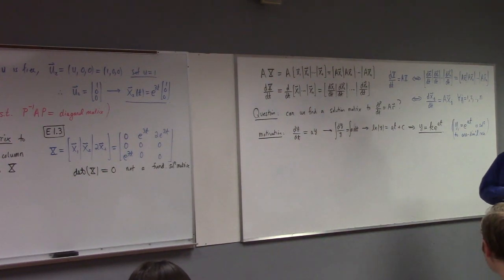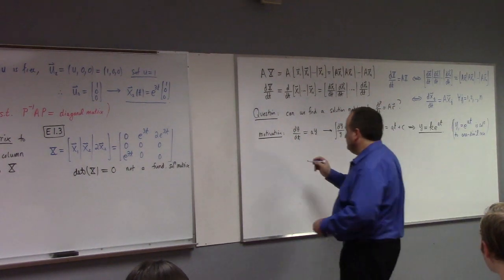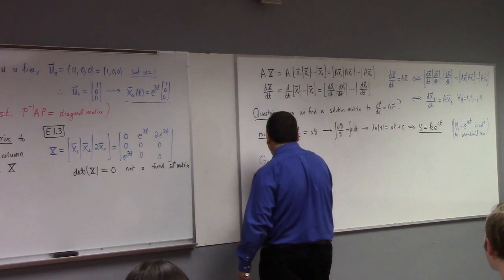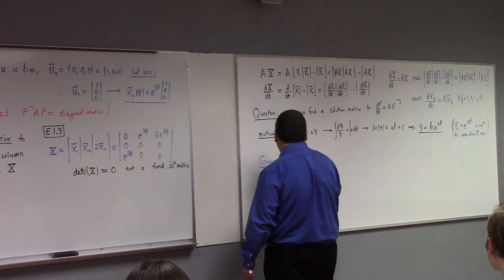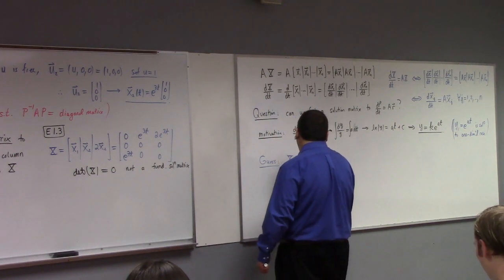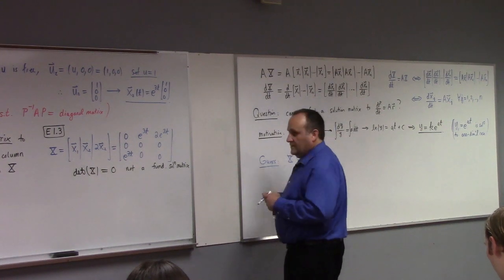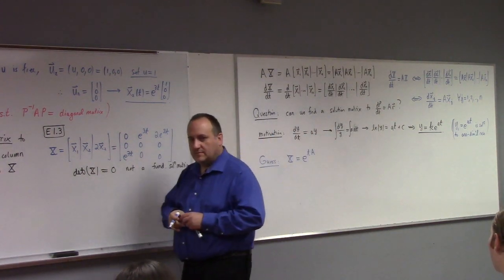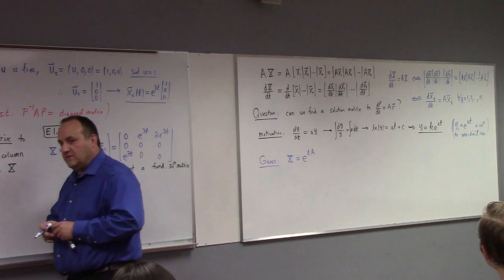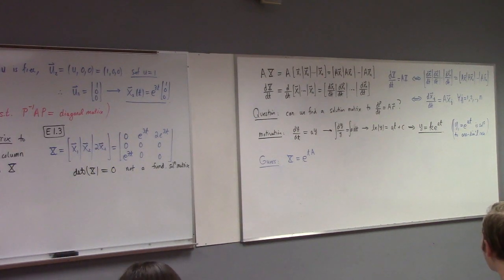So if this works, what would we guess? How about this? X equals e to the t times the matrix A should be a solution to the differential equation. But this begs a question. What on earth do we mean by e to the tA?